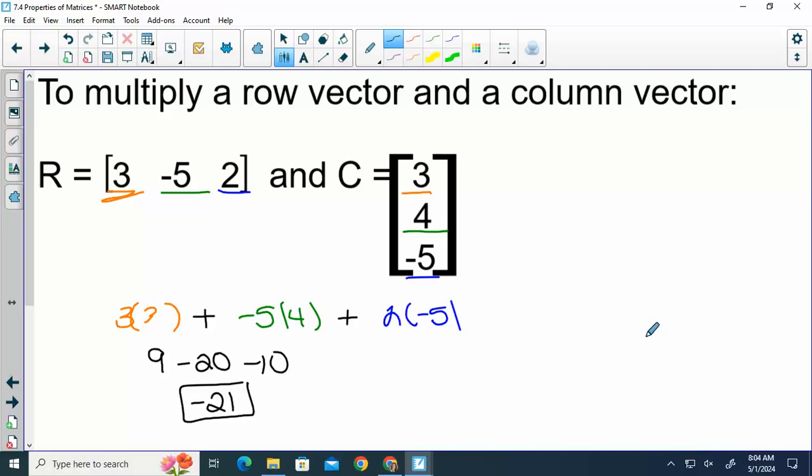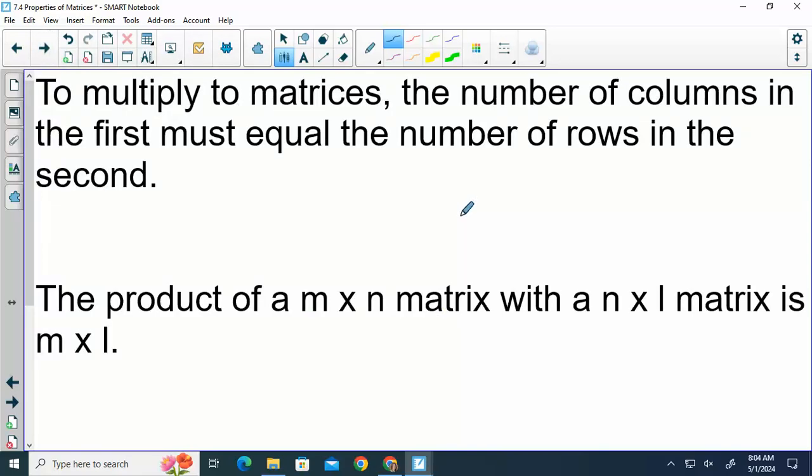So if we are adding, subtracting, or solving equations with matrices, the matrices have to be the same size in order for that to work. With multiplying matrices, because we have to take rows times columns, the number of columns in the first matrix has to be the same as the number of rows in the second.